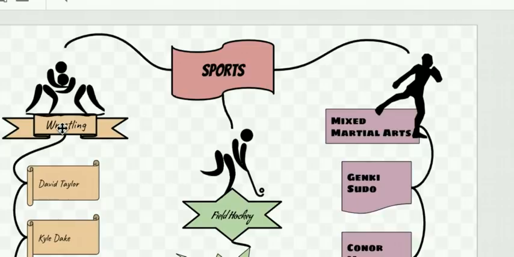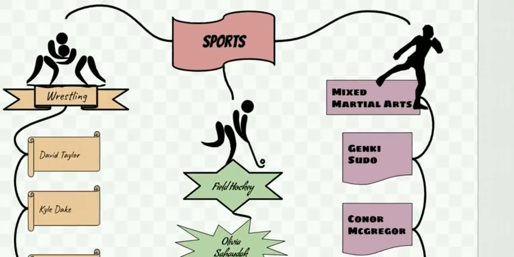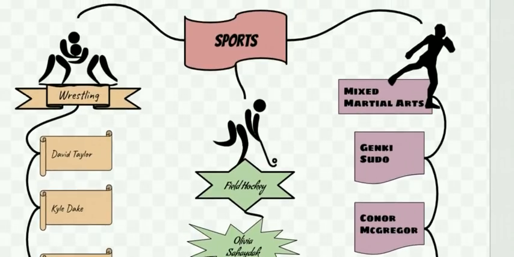I have the name of the sport, and then participants in that sport. Now you could choose whatever sports you want. You could have football, basketball, baseball, tennis, cycling, any of these types of sports that you have interest in. You have to determine who goes into your mind map though, okay?